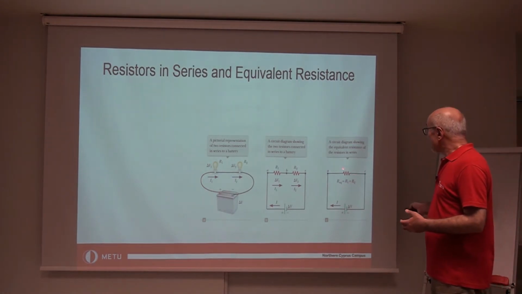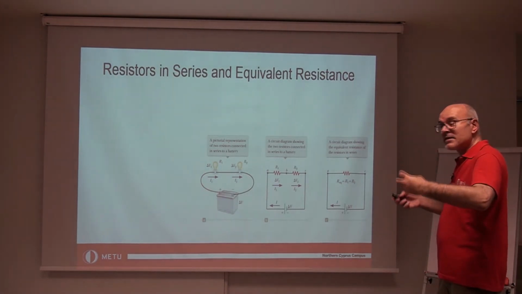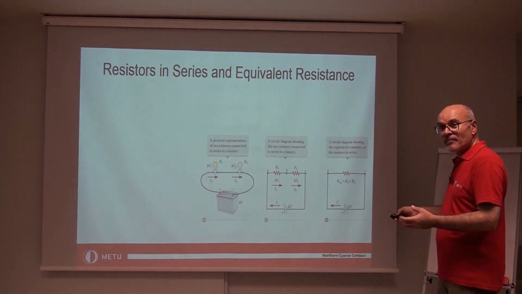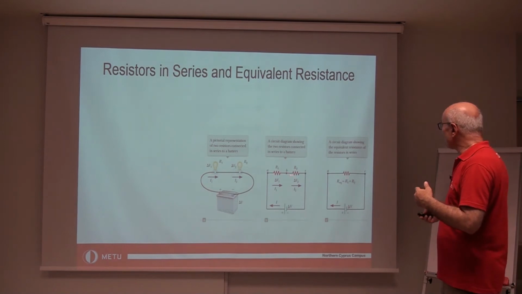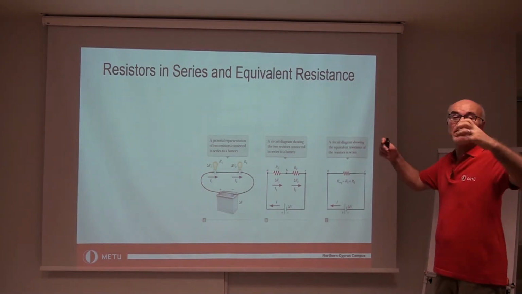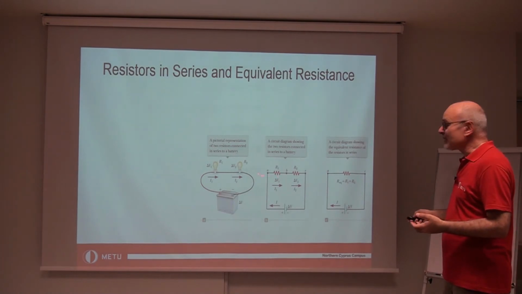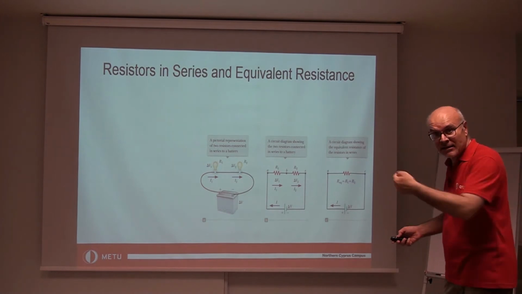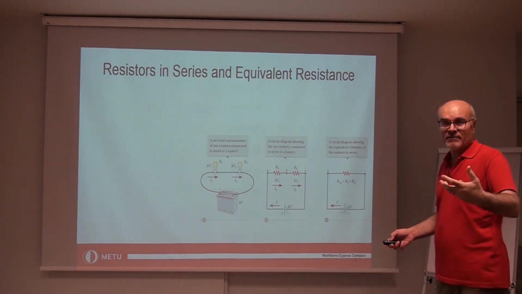Now, if this box is a single resistance, how is the resistance of this box related to these two? We say that we replace these two resistors by a single equivalent resistance, and when they are connected in this manner, when the same current is passing through them, we say that they are connected in series.